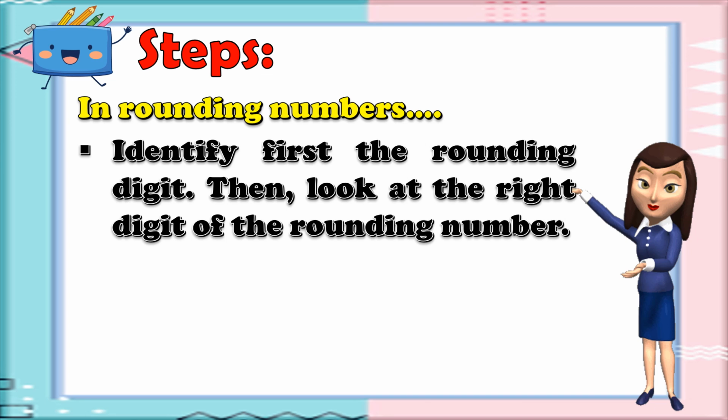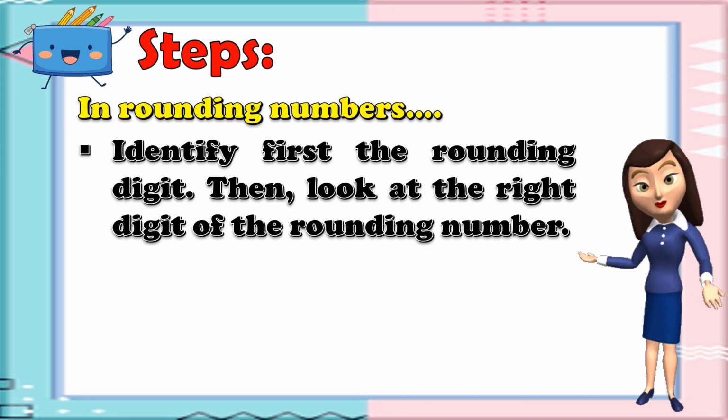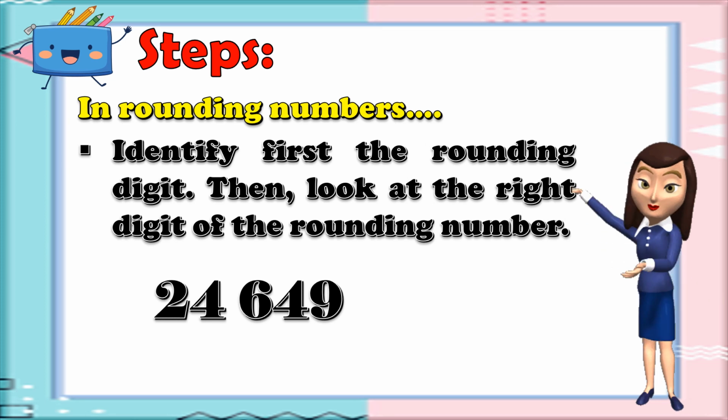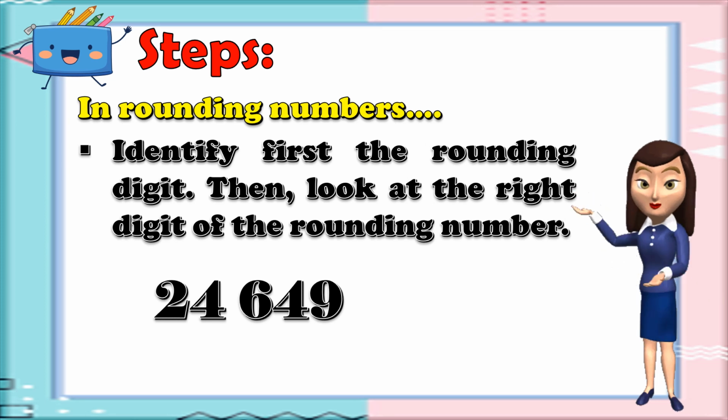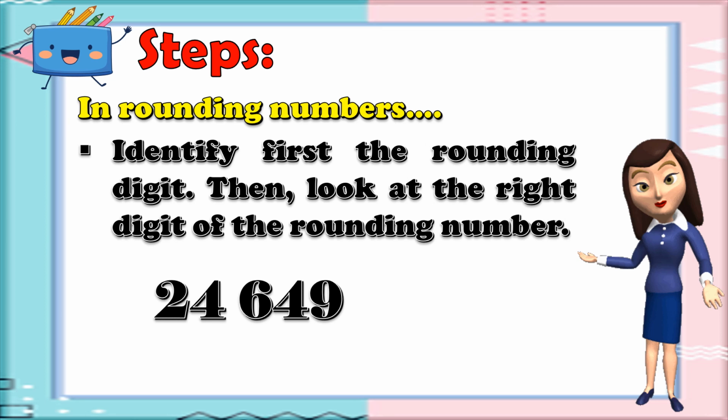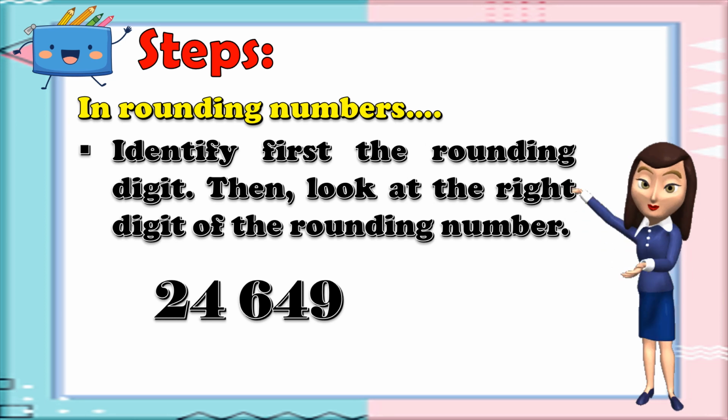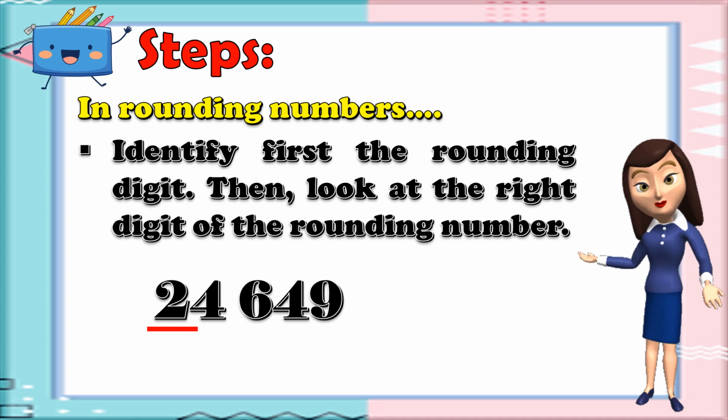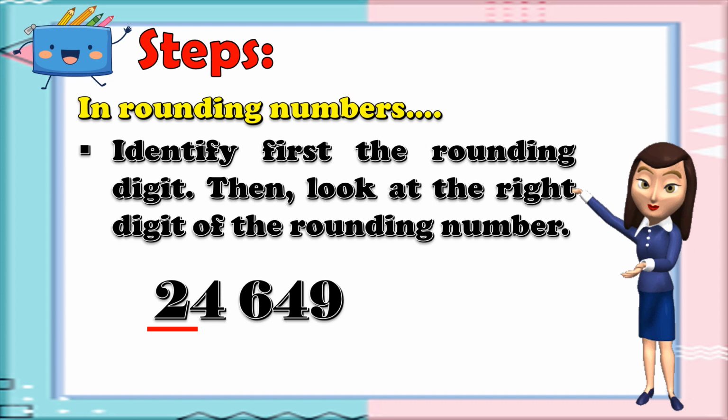So, sa given number kanina, meron tayong 24,649. So, sabi, identify first the rounding digit. Alin ba ang i-round off natin dito? Tama, ang 2. Then, titingnan natin ang katabing number nito, which is 4.